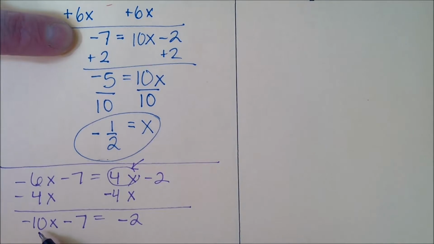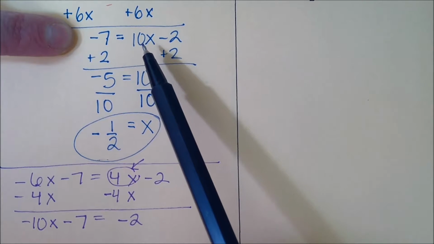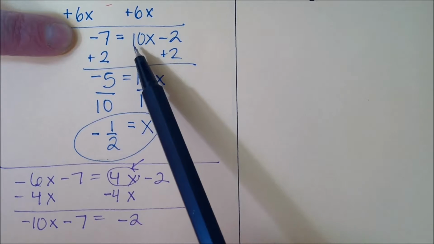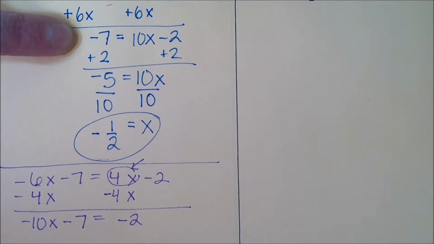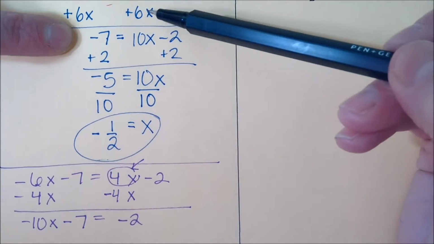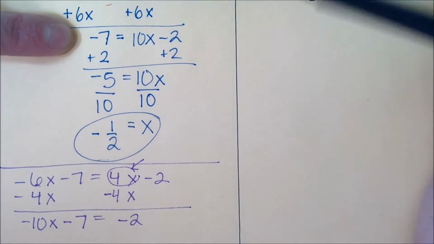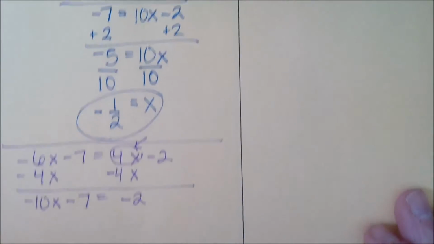My x's down here are negative, and even though we can handle it, sometimes it feels more comfortable to not have to deal with negative variables. So keep in mind as we go through and solve these, see if you can figure out how I'm picking the x's to eliminate first. Just keep that in the back of your head.